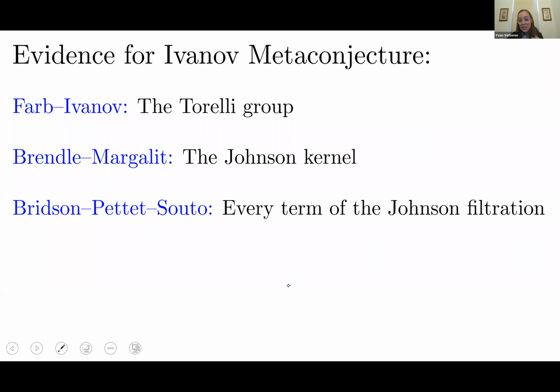The Johnson filtration is an infinite sequence of nested normal subgroups in the mapping class group, and the Torelli group and the Johnson kernel are the first two elements in the sequence. They were able to show that for each of these normal subgroups, the automorphism group was isomorphic to the mapping class group.